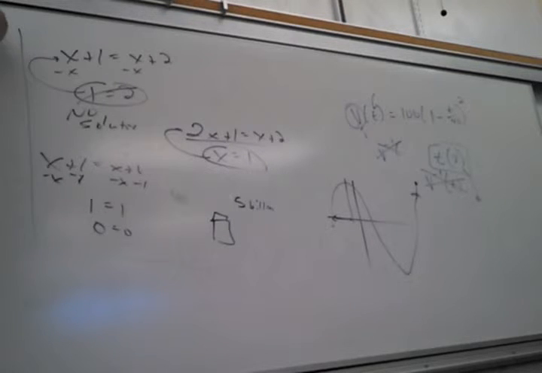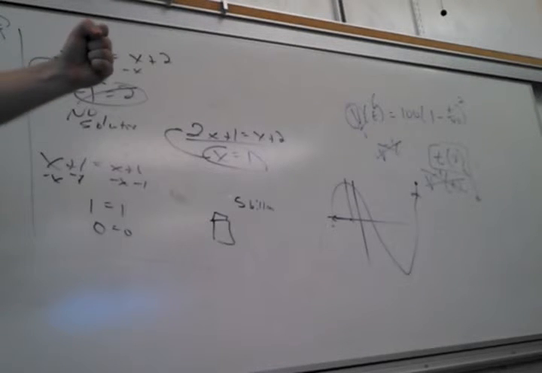If I want to know how do I get to f of 9, well, it used to be just plug a 9 in. Now, how do I get to f of 9? What's 1/3 of what is 9? I've got to plug 27 in, right? So that's why this does the opposite of what it looks like, because my inputs have to overcome that. Since I'm cutting them in thirds, they ought to be 3 times bigger than they were before when I put them in. That's why it would stretch it out, right?